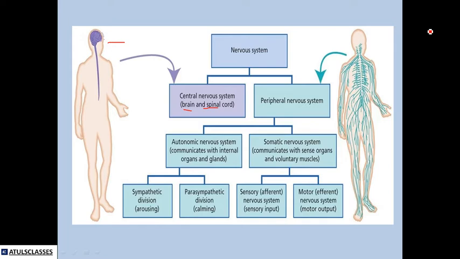They can be either sensory, afferent, or they can be motor. Just as in reflex action, you saw that there was an afferent fiber and an efferent fiber, a sensory nerve and a motor nerve, the sensory one senses, and the motor nerve helps in the quick reaction.